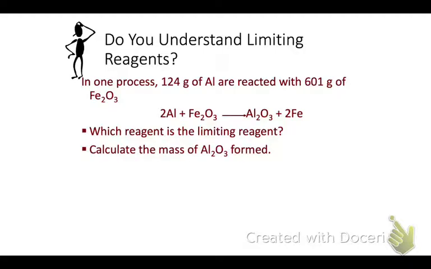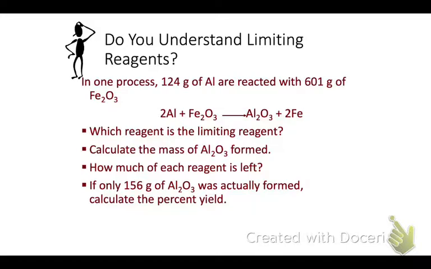Calculate the mass of aluminum oxide formed. How much of each reagent is left? And if only 156 grams of aluminum oxide was actually formed, calculate the percentage yield. So you can pause this video right now and start working on this question.